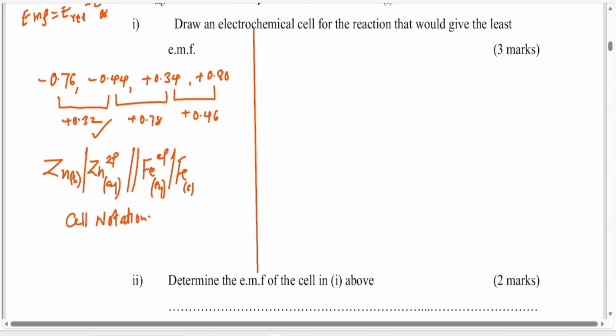So I'm going to have the zinc half cell on the left hand side. Allow me to have it a bit on a lower level. And the one for iron, I place on the right hand side.